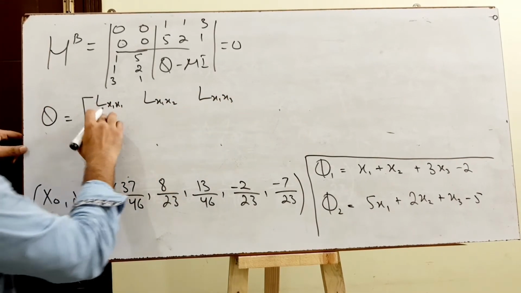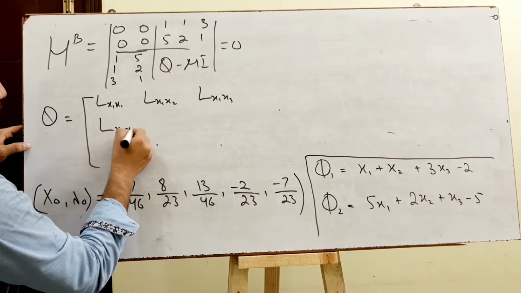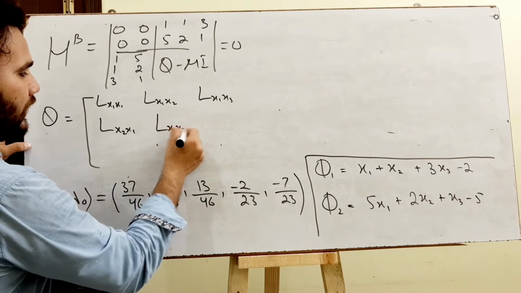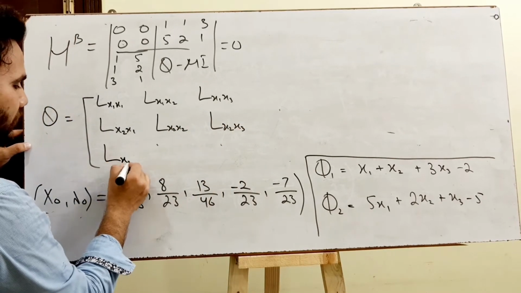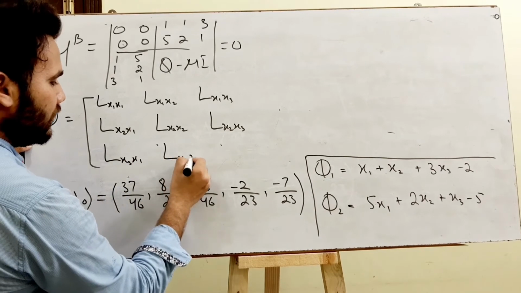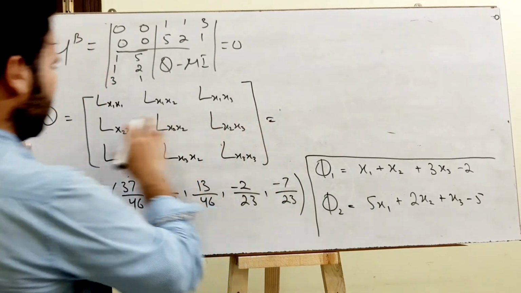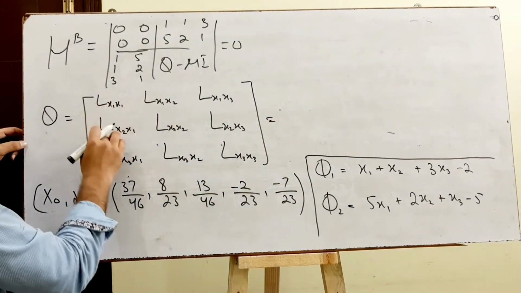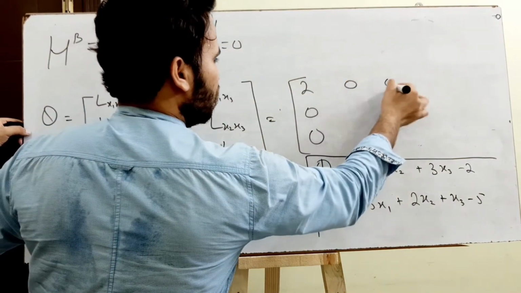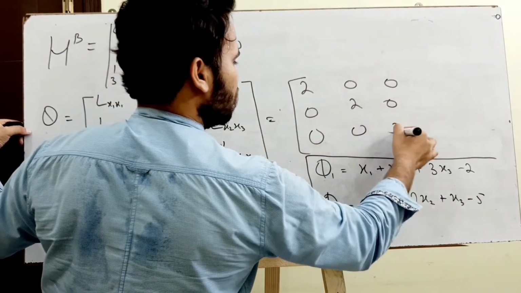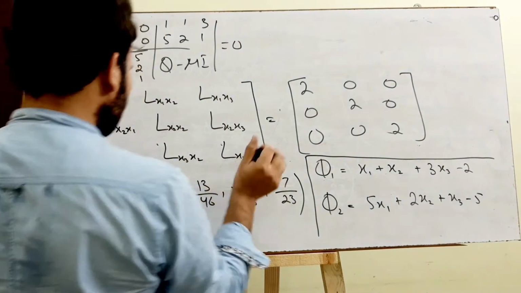The derivative of L with respect to x1 x1, and similarly x2 x1, x2 x2, x2 x3, x3 x1, x3 x2, x3 x3. So I have derived my L. The result will be 2, 0, 0, 0, 0, 2, 0, 0, 2. So this is our Q. This is also called Hessian matrix. So rewrite this one.